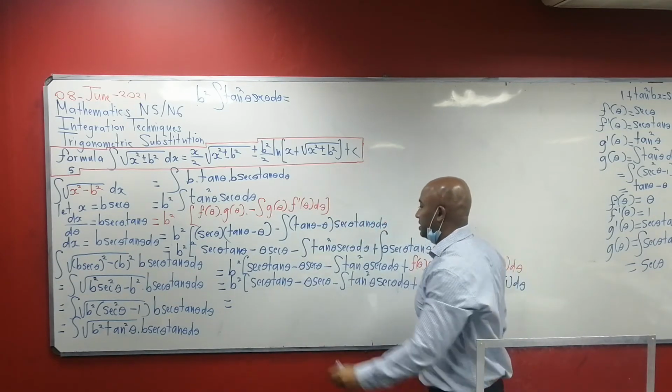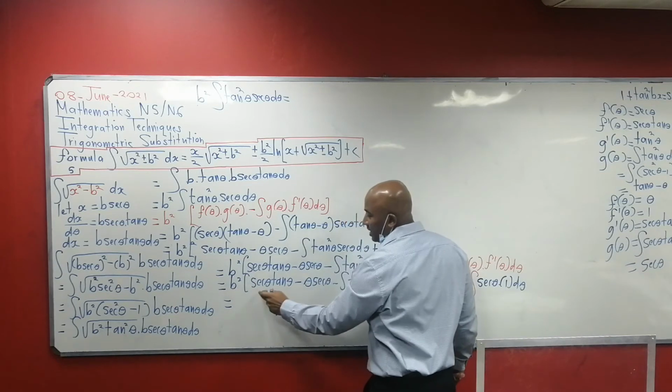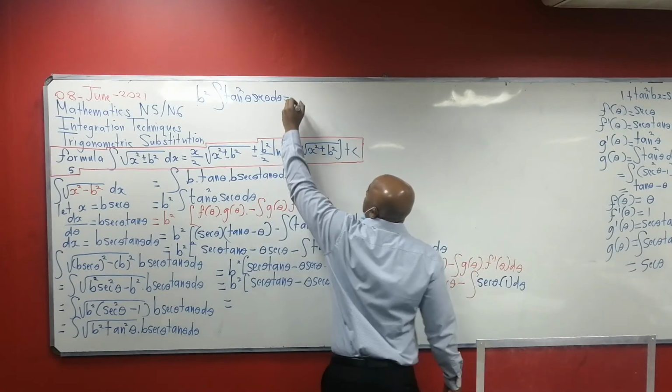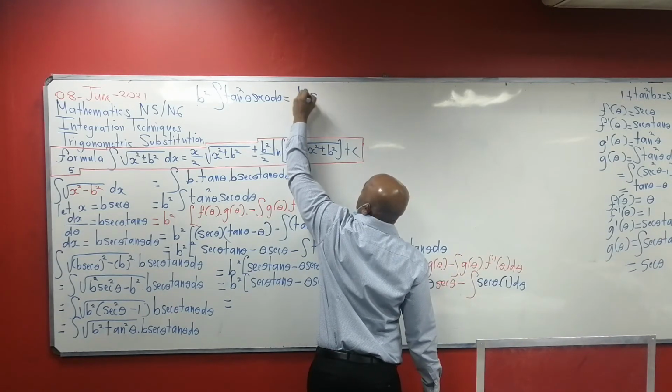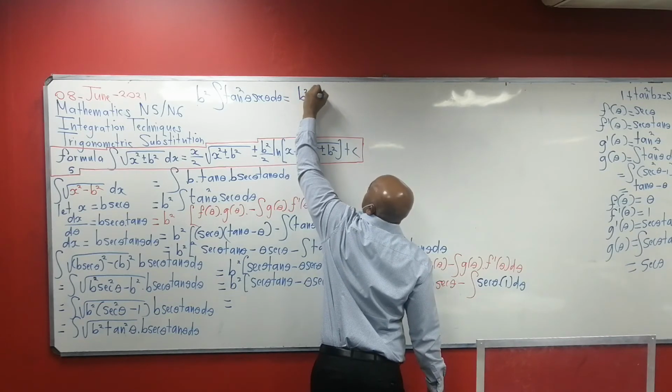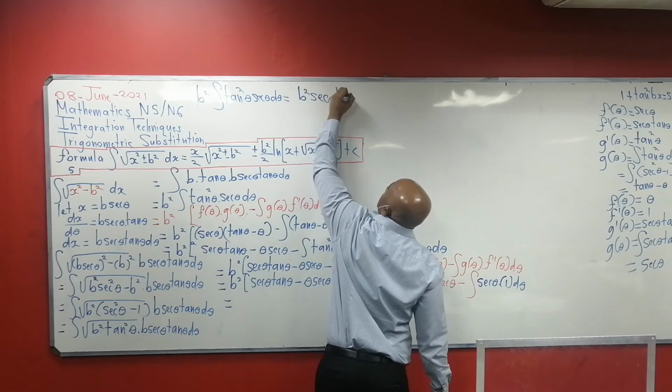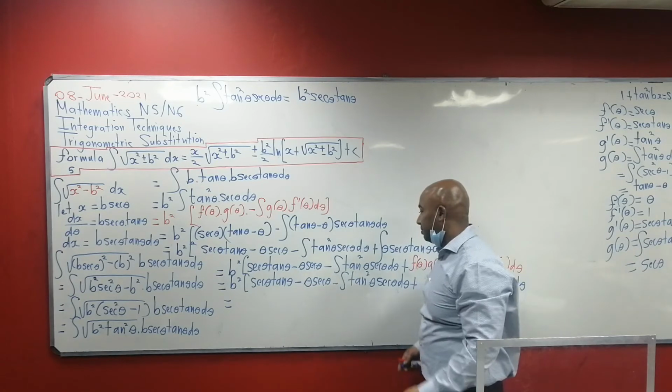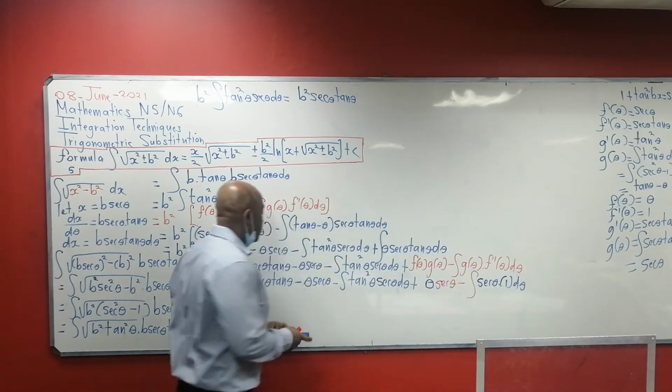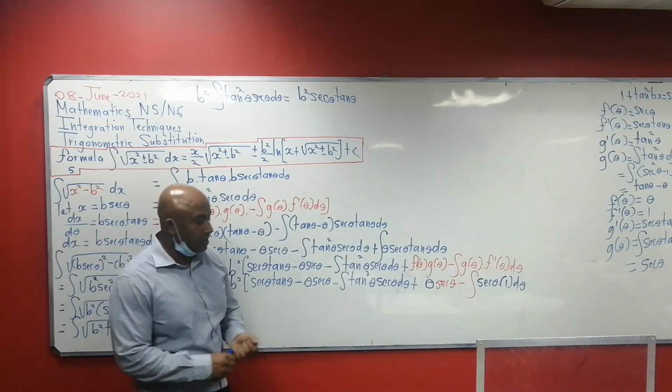I'm going to remove these brackets here. So I got b squared times sec squared tan, which is equal to b squared sec tan. Okay. Before I continue here, what do you notice about these two terms here?